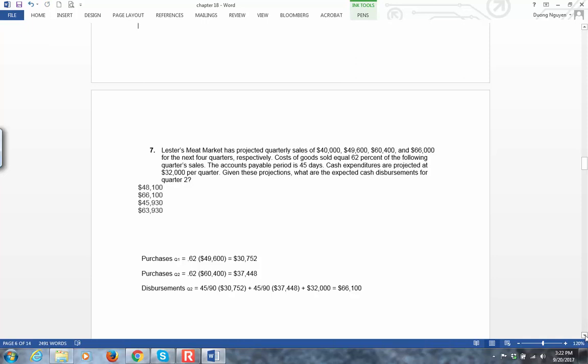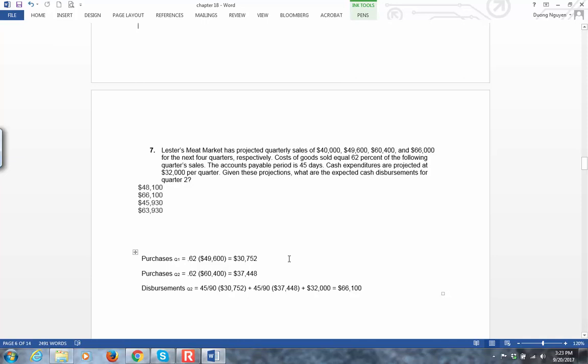So in quarter 1, cost of goods sold would be 62% times 49,600, which is the sales of the second quarter. So you have 0.62 times 49,600 equal to 30,752.